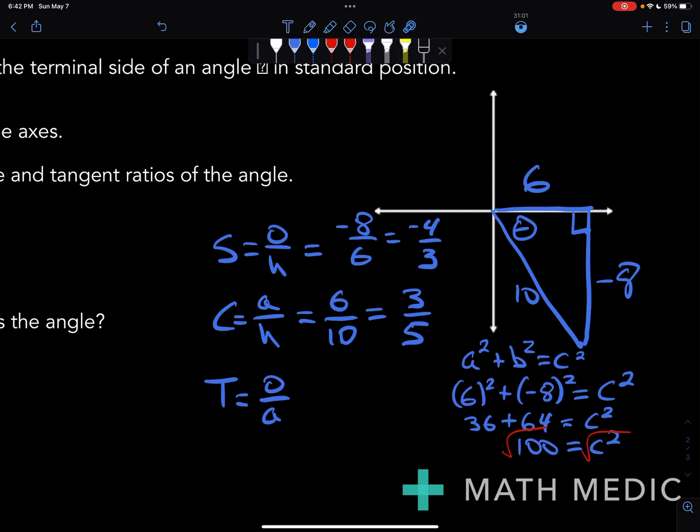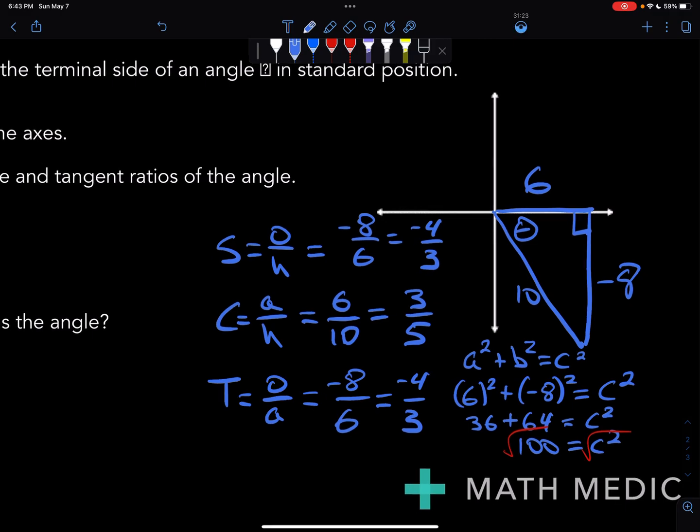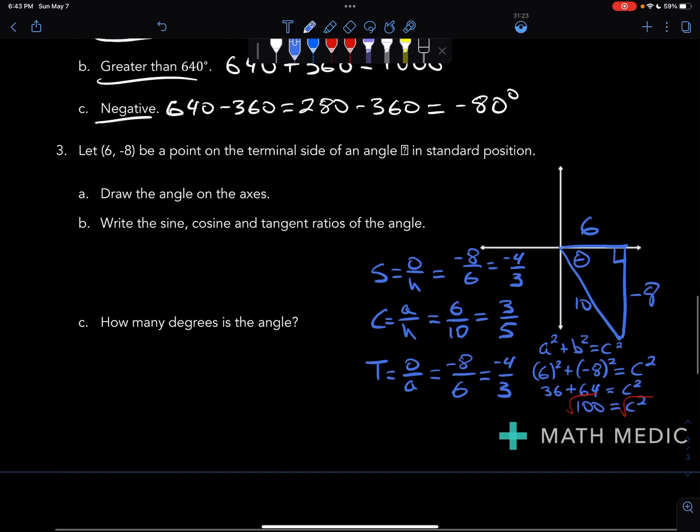Looking at tangent, tangent is opposite, -8, over adjacent, 6, which we can divide 2 into top and bottom again, and we end up with -4/3. So there we identified sine, cosine, and tangent from the angle.